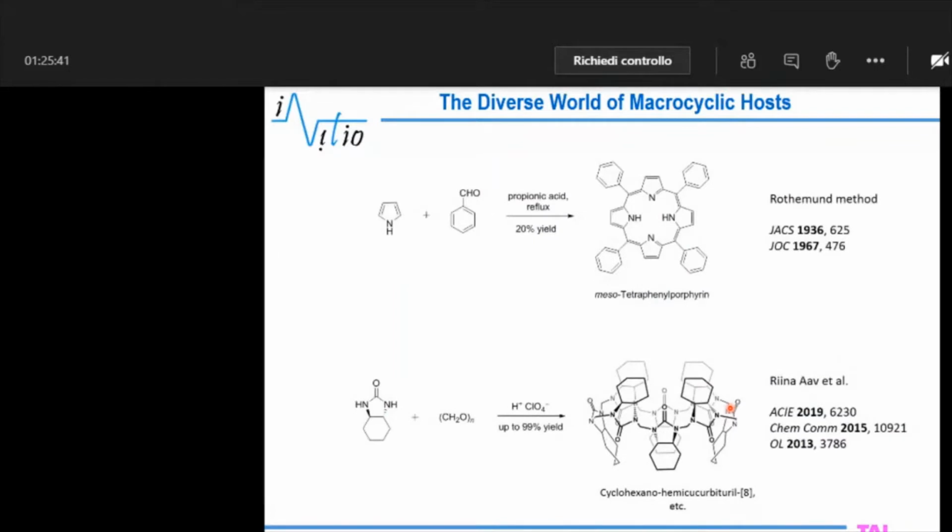Of course, the efficiency of this synthesis could be different. For example, if you recall synthesis of porphyrins, a common method to make TPP porphyrin is the Rothemund method, which is maybe not so efficient, or we can make it more beneficial.